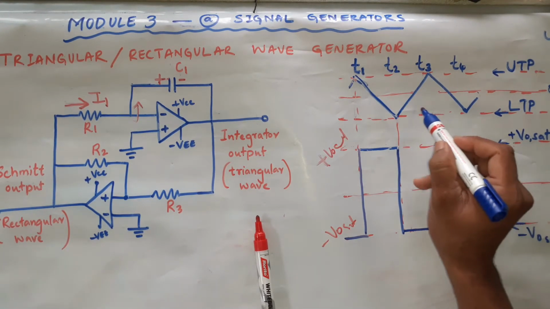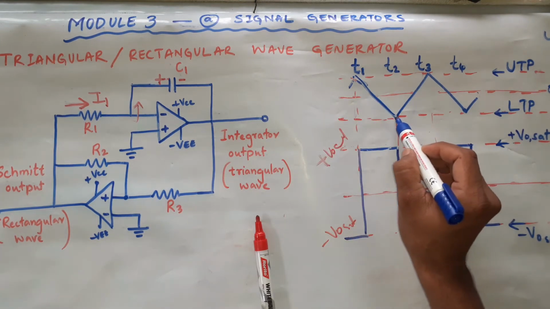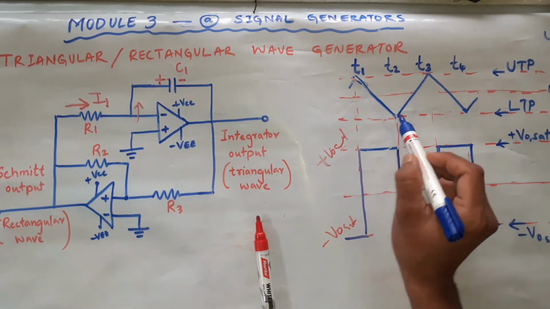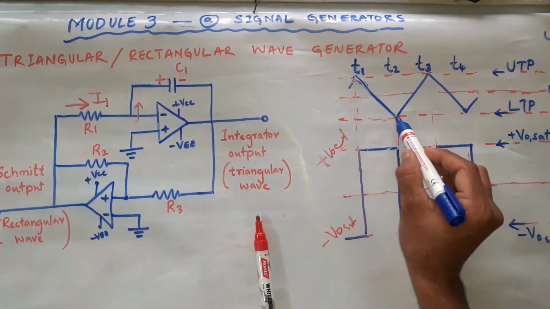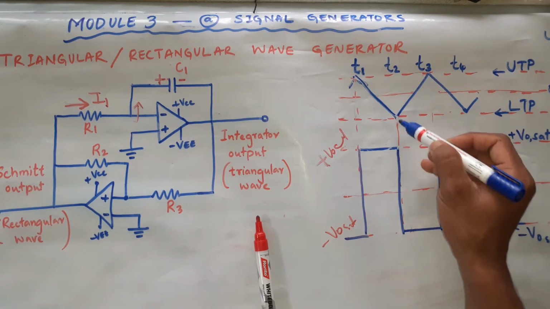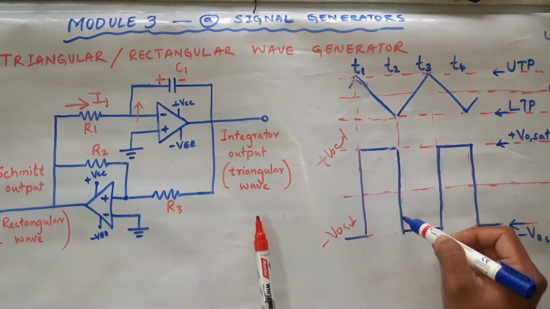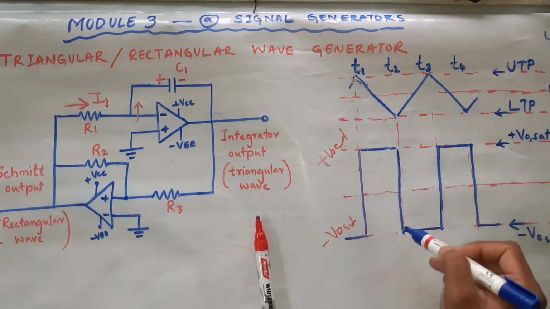Now, the moment your integrator output reaches LTP voltage, immediately the output of the Schmitt trigger switches from plus V naught sat to minus V naught sat.